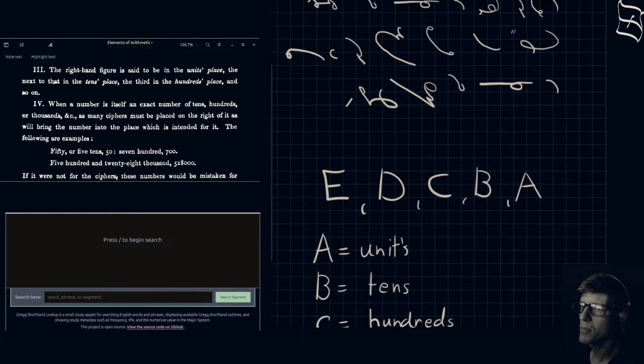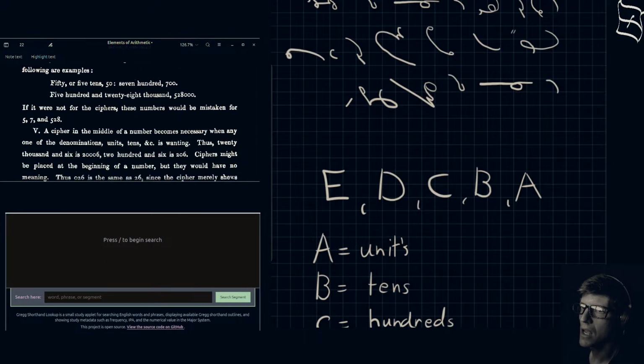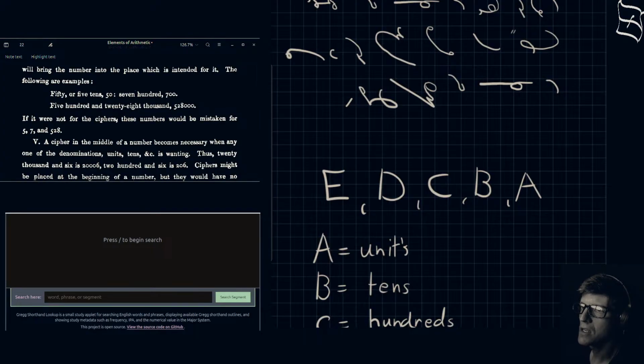And now paragraph number 4: when a number is itself an exact number of tens, hundreds, or thousands, etc., as many ciphers may be placed on the right of it as will bring the number into the place which it is intended for. The following are examples: 5 tens is 50, the 5 followed by a cipher. 700 is 7 cipher cipher, or 00.